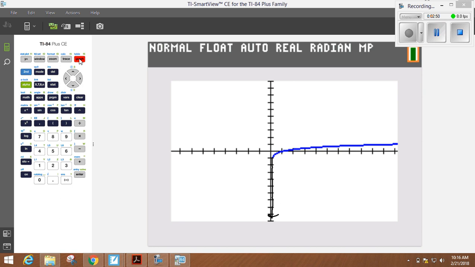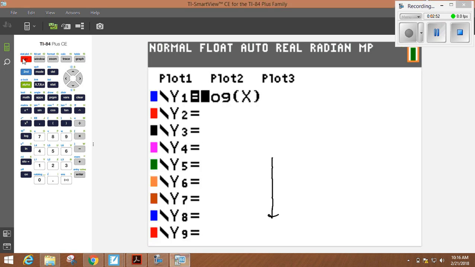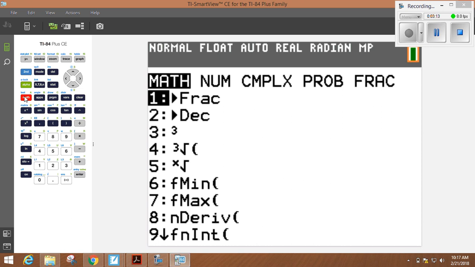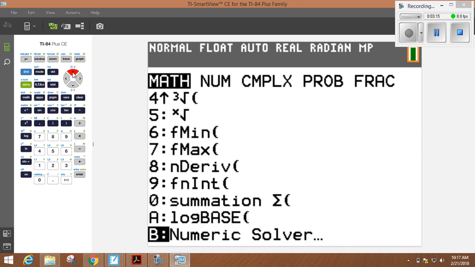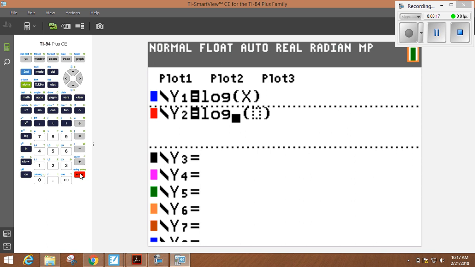Let's go ahead and graph. I'm going to show you two ways to do it. We're going to graph log base 2 of x. Now, if your calculator has the fancy operating system, you will go ahead and put math, and you can go to the very bottom there where it says log base, and it'll let you put a 2 in here and an x there.